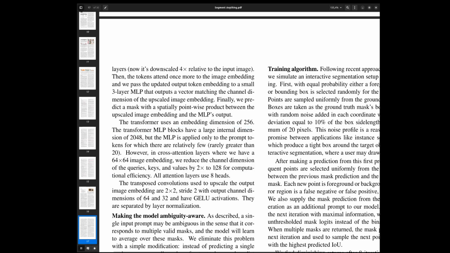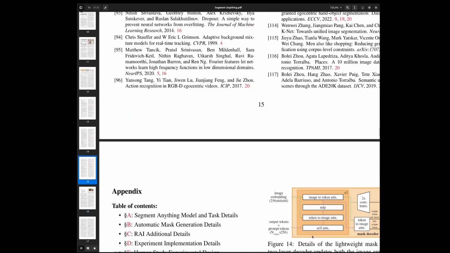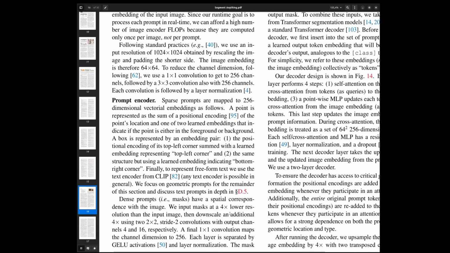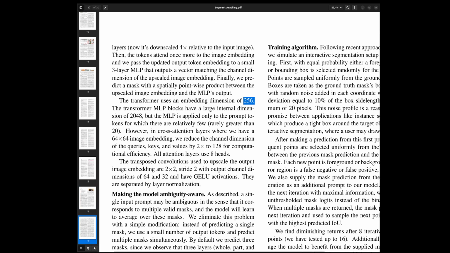So yeah, a lot of empirical stuff. Here they have, as you can see, 256 is too big in this layer here, so they go ahead and reduce it, I mean, for computational efficiency. Our attention layers use 8 heads.